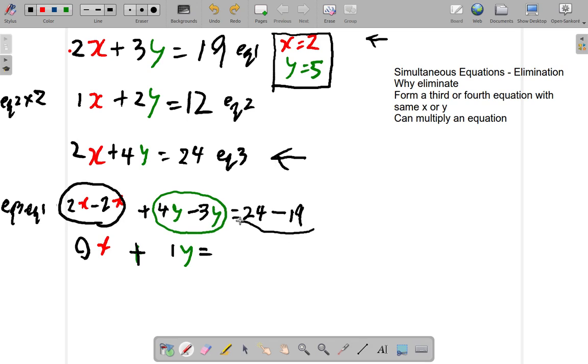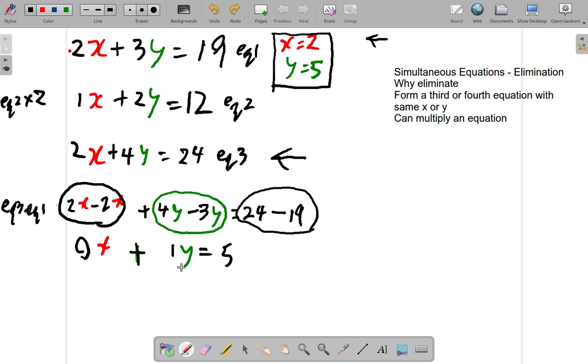What is 24 minus 19? That's 5, right? So I have 5. So now I have a new equation. But guess what? In this new equation, x was eliminated because it's 0x. 0 means none. So x was eliminated.